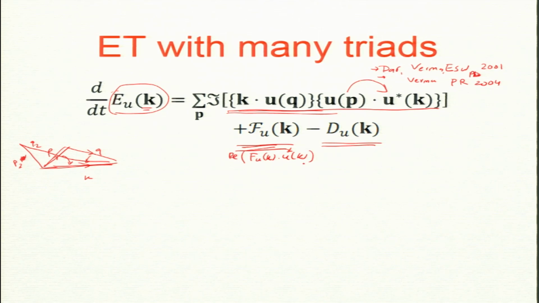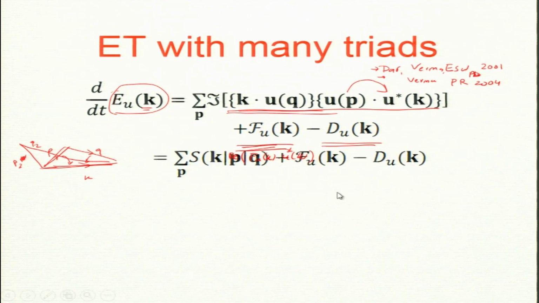Okay. So, now we can add more terms. As I just said, the modal energy gaining something, the energy coming into K, is just the sum of all the transfers with all P's.